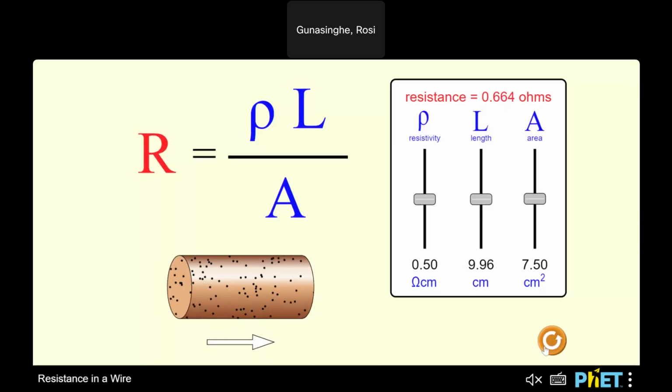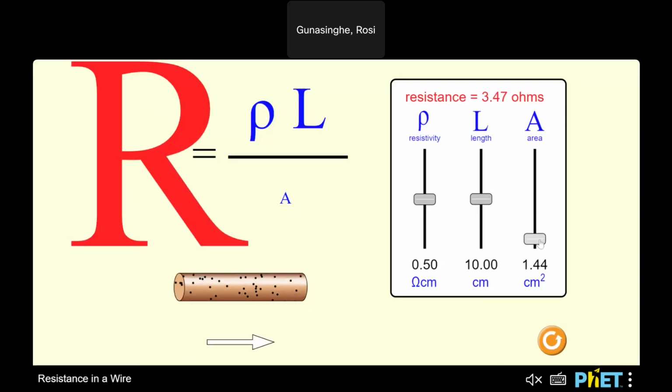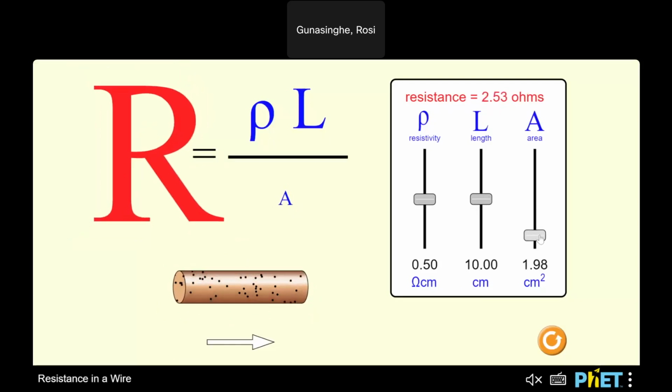You can reset it, and it will go to resistivity 0.5 and length 10 centimeters. Now you can change the area. We'll go closer to 2. So this is how close I can go to 2 square centimeters.